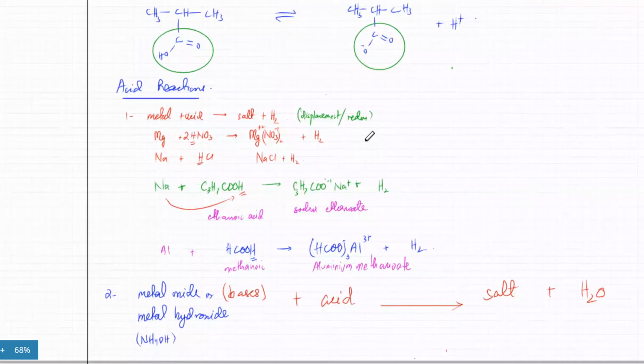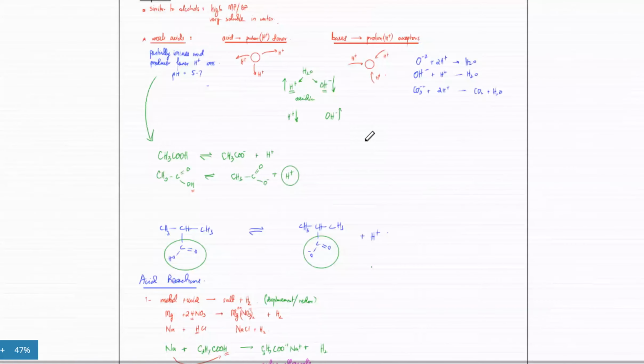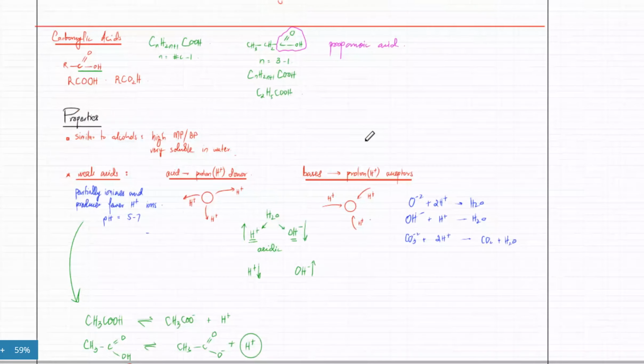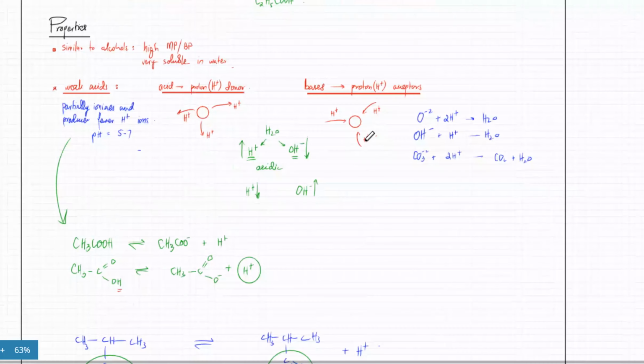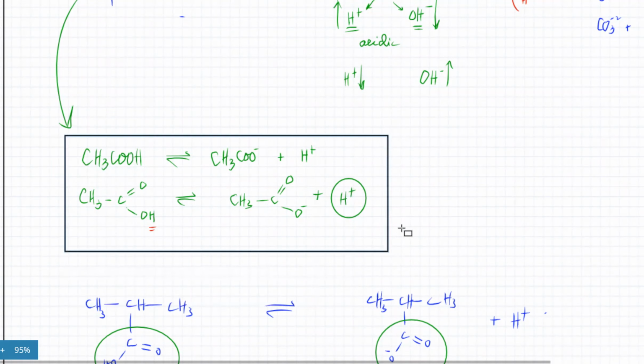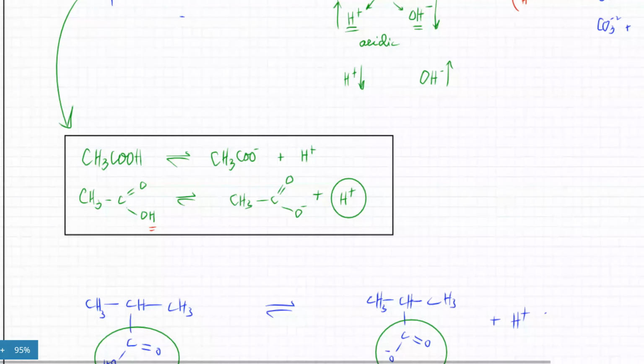अच्छा what that कहाँ पे लिखा है? ठीक है, what that basically meant was that when you have a carboxylic acid, it tends to dissociate and ionize, but partially. It's a weak acid. That's the definition of what a weak acid stands for.